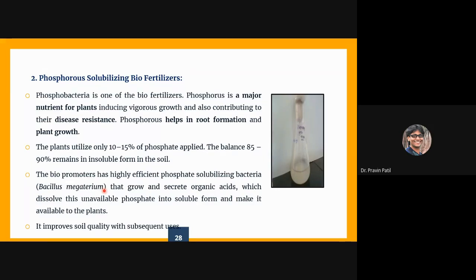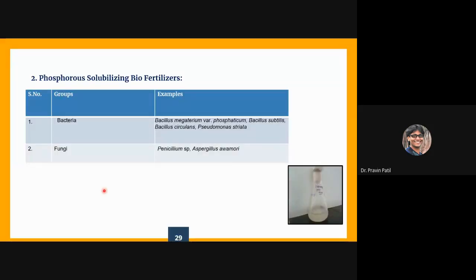So whatever insoluble phosphate is available in the surrounding is dissolved with this organic acid secreted by this Bacillus species and can be used by the plant. It improves the soil quality and subsequent uses ultimately. Again, these are the specific examples of those particular microbes. These are the bacterial strains and these are the fungal strains.